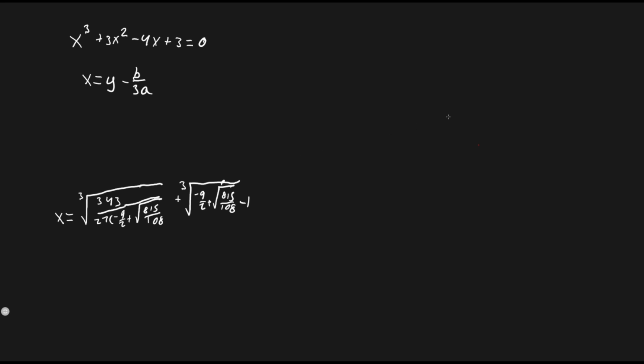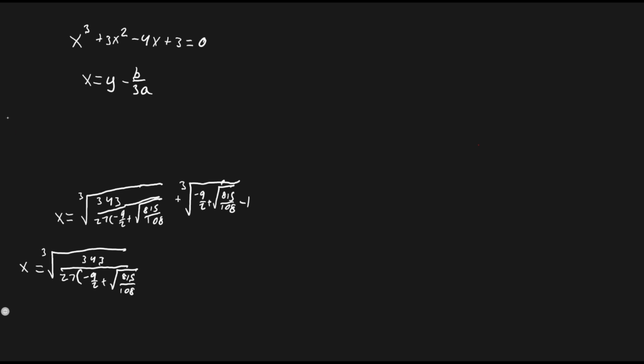So we already have our solution to our cubic, but we can go ahead and find the other two solutions by just setting x equal to the whole expression again. 343, which is just 7, divided by 27 times negative 9 over 2, plus the square root of 815 divided by 108.